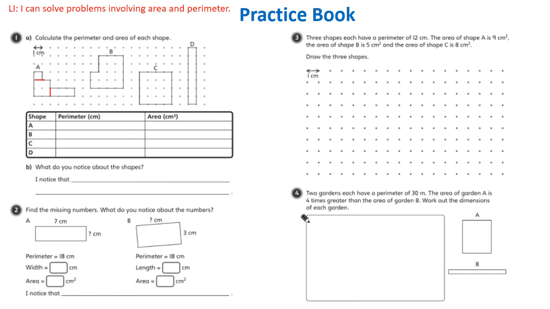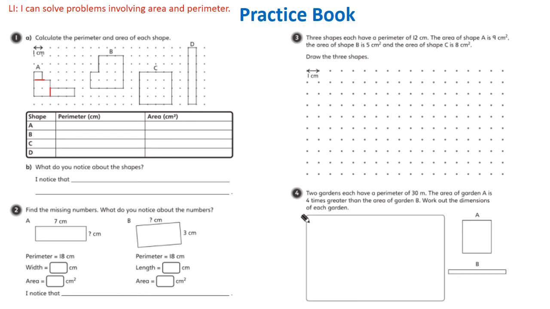In question 3, 3 shapes have a perimeter of 12 centimetres. The area of shape A is 9 centimetres squared. The area of shape B is 5 centimetres squared. And the area of shape C is 8 centimetres squared.